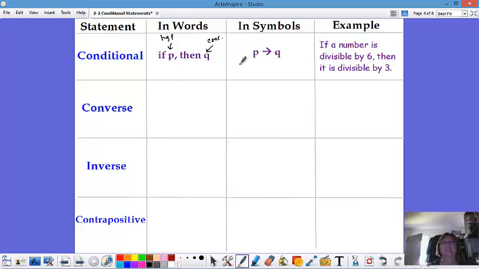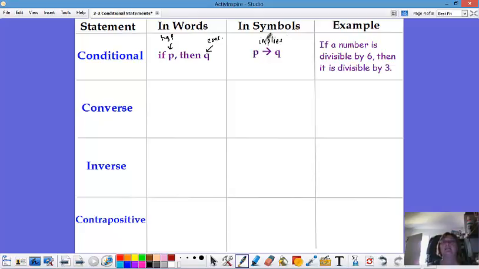In symbols, that conditional, hypothesis, conclusion, is shown with an arrow, and you can use several words in place of the arrow. Implies is the math word. P implies Q. In other words, if P happens, then Q should happen.